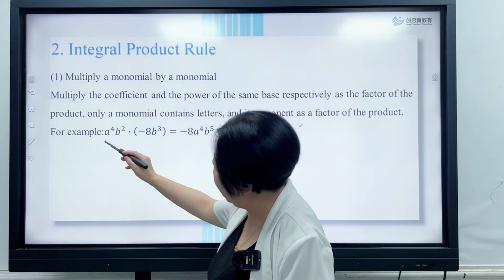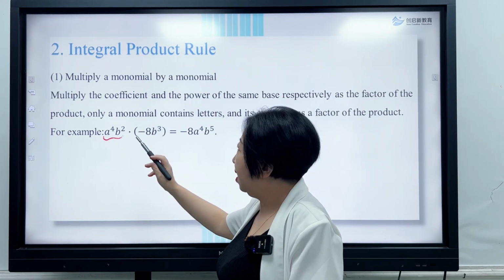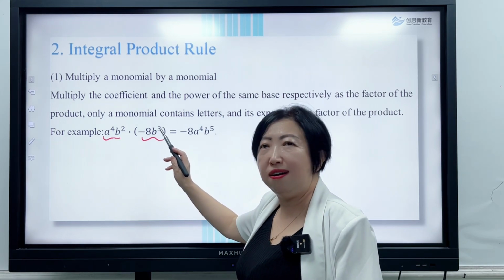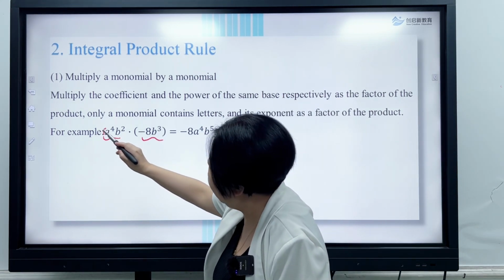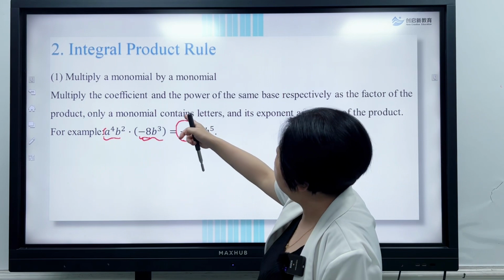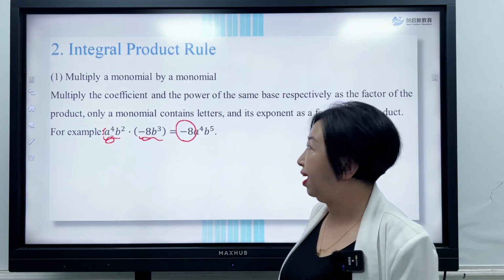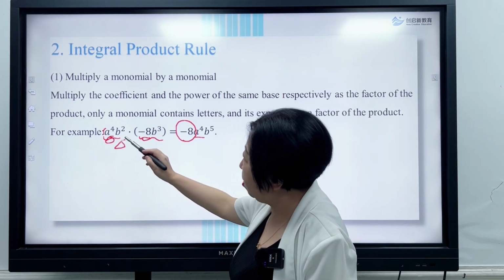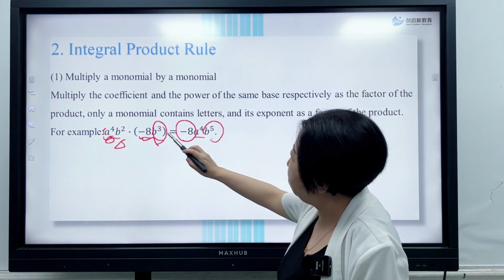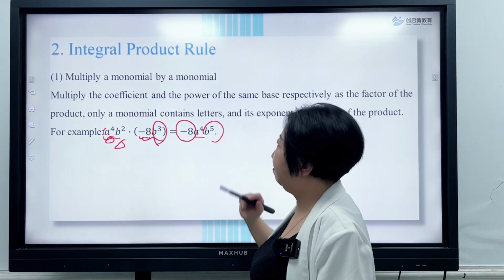For example, a to the fourth times b squared times negative 8 times b cubed equals, the coefficient is negative 8, a to the fourth, and b to the power of 2 plus 3, which is 5.